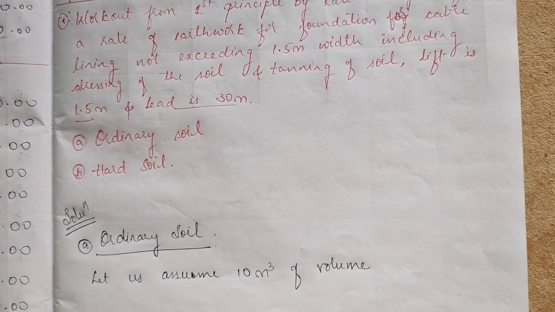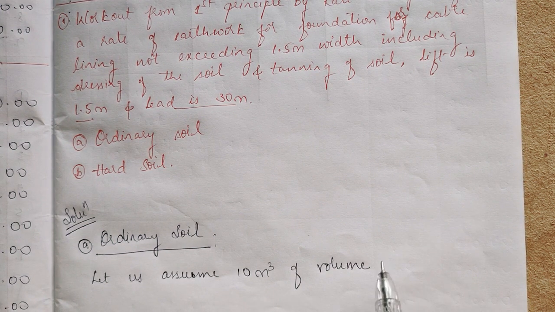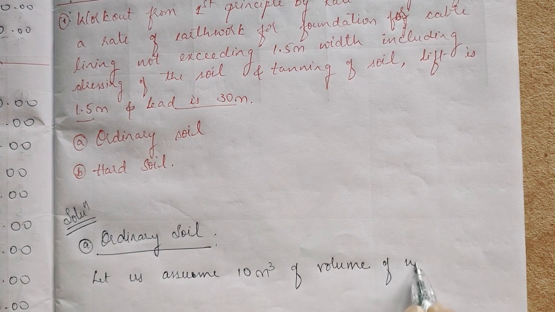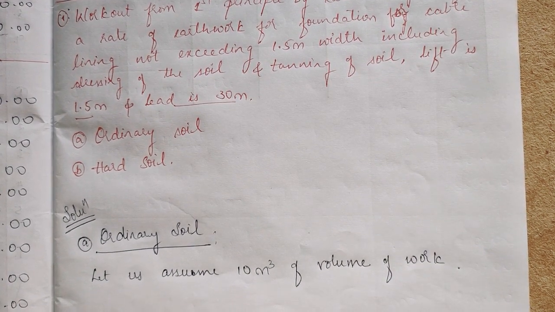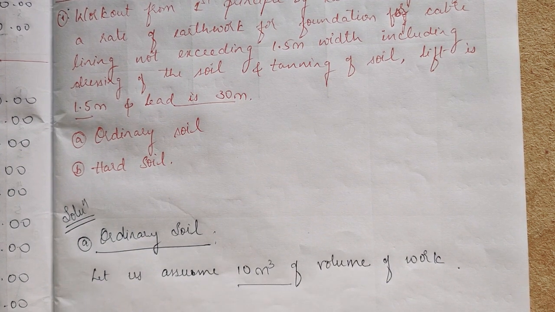Whatever we find, we are doing for 10 meter cube of volume of work. So this is our first step, that is we have to assume 10 meter cube of volume. So here we need to find rate per unit.